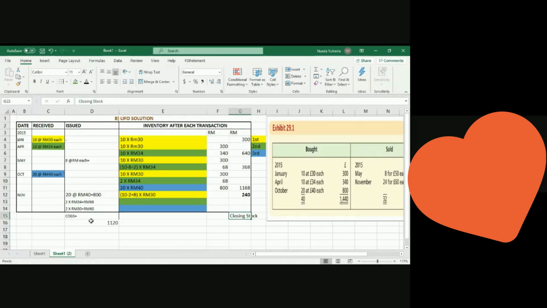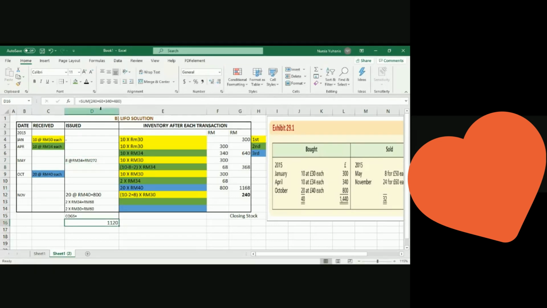Okay, now let's look at the cost of goods sold. This one 8, how much is the price here? 34. Okay, 8 multiply 34, how much? 272. Yes.